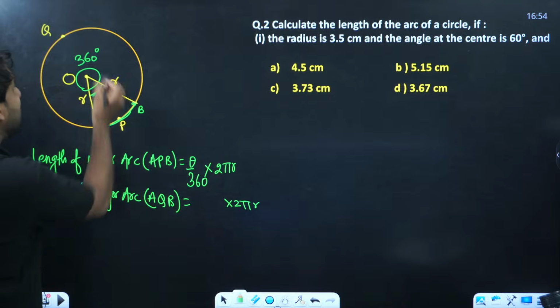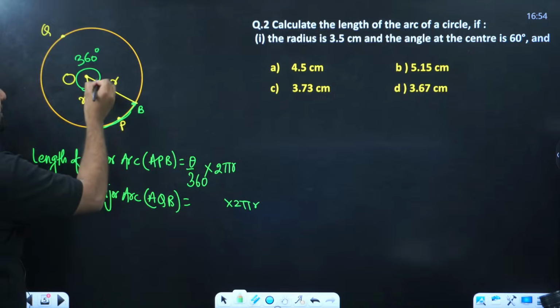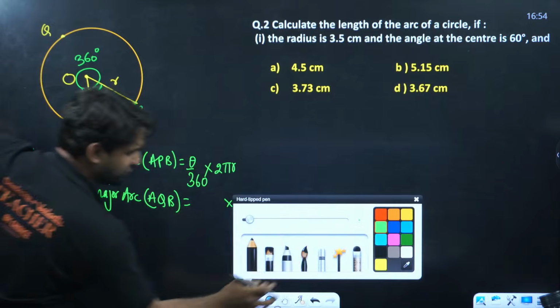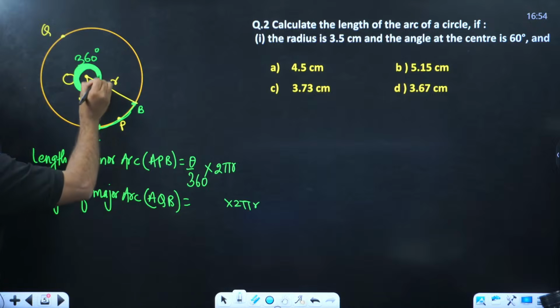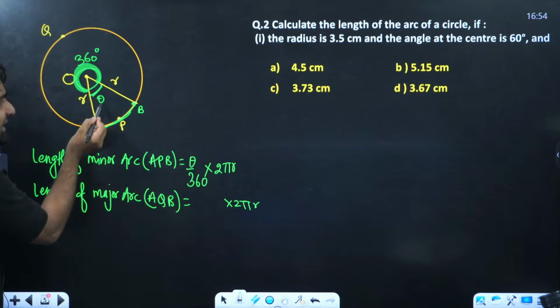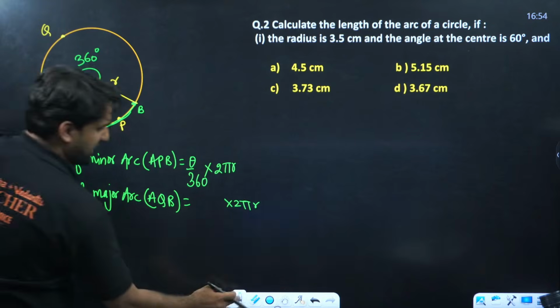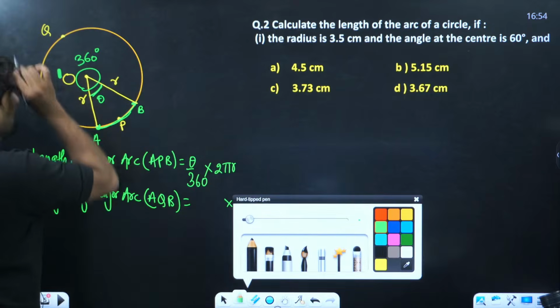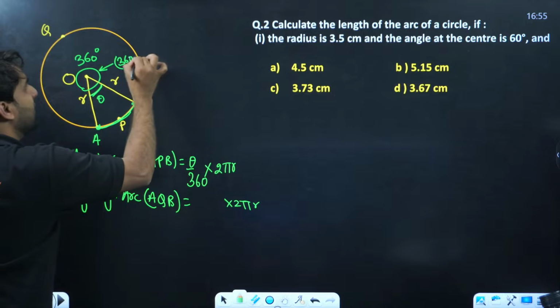But the angle which is swept by the major arc is this angle. Can you see? Let me show you. This angle is swept by the major sector. And how much will this be? The entire angle is 360 and theta is in the small sector. So the remaining angle can be written as 360 minus theta.